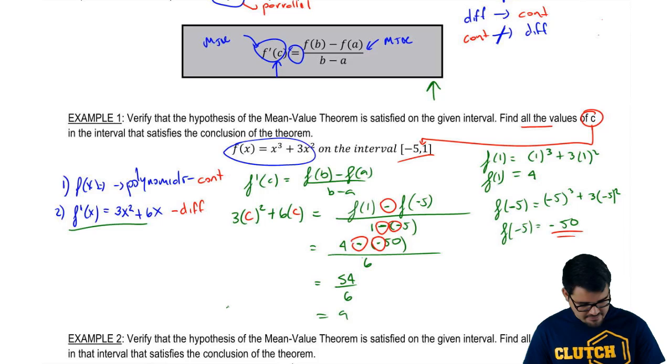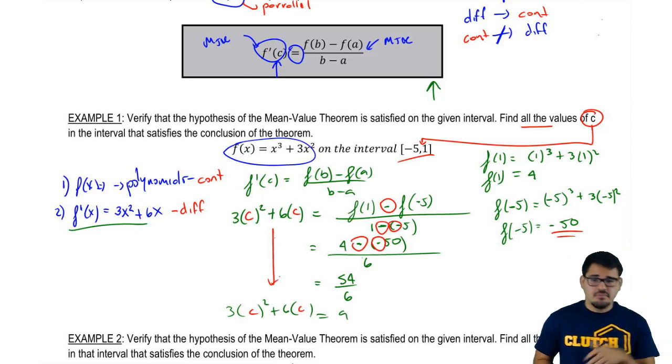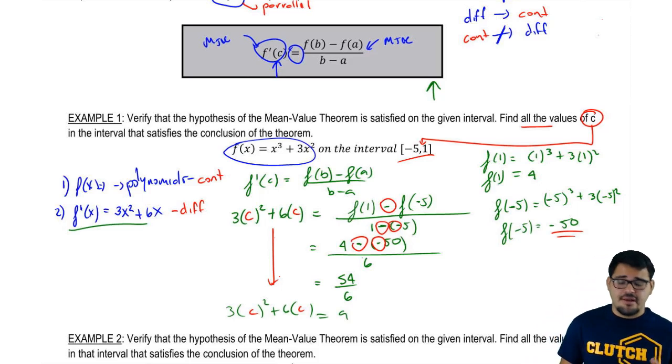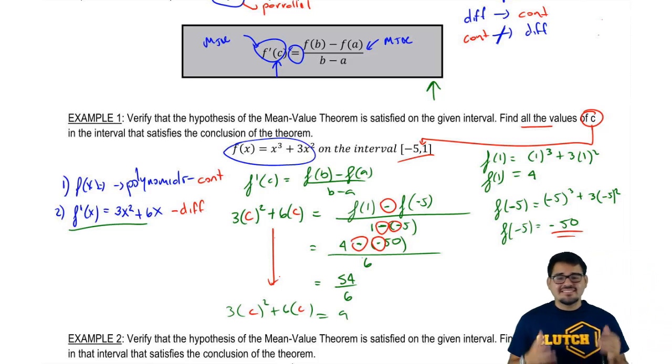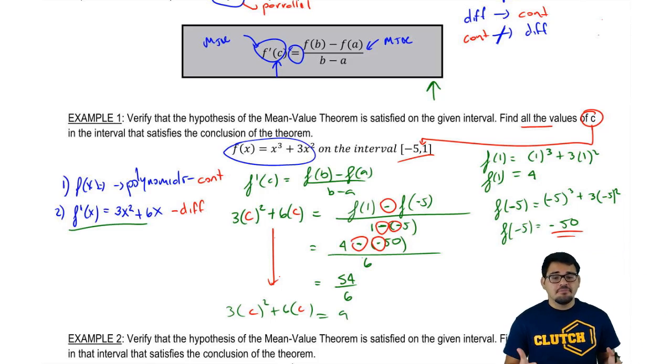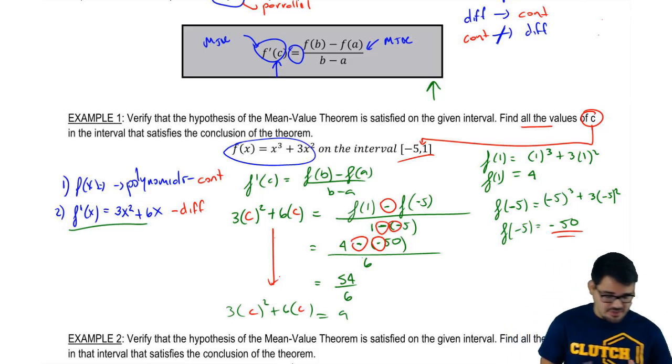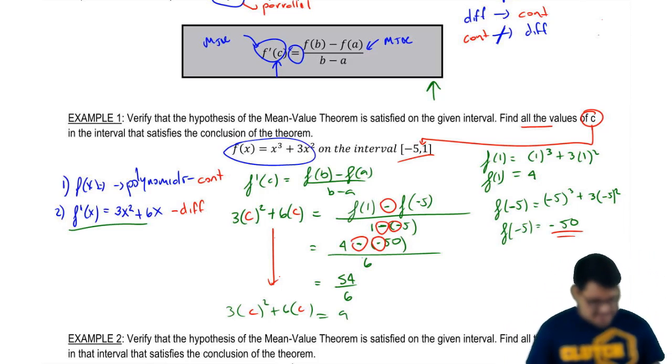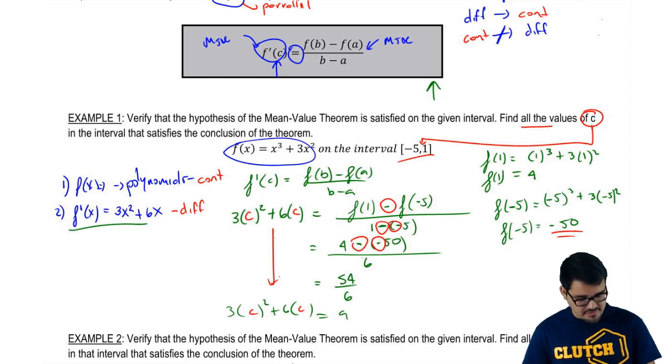So here we have 3c squared plus 6c. We're supposed to write all of it all the way down, but we're going to be lazy and just put a little arrow down, which means everything there is that. And now we have to solve for c. So we have 3c squared plus 6c equal to 9. Well, guess what? We have to factor here. So let's move the 9 to the left and factor. I'm going to do that here under my hypothesis, so I have 3c squared.